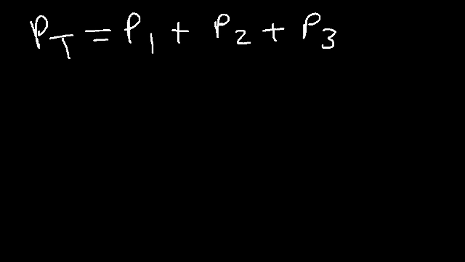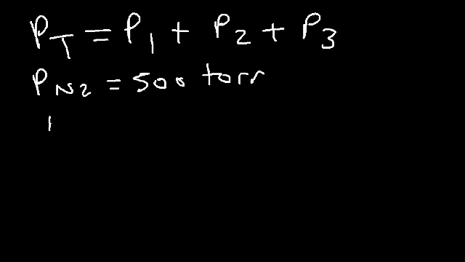Now the next thing we need to discuss is Dalton's law of partial pressures. His law states that the total pressure of a gas is equal to the sum of the partial pressures. So P1 plus P2 plus P3. So let's say the partial pressure of N2 is 500 torr and the partial pressure of O2 is 100 torr.